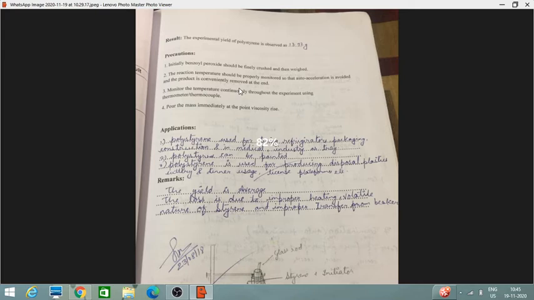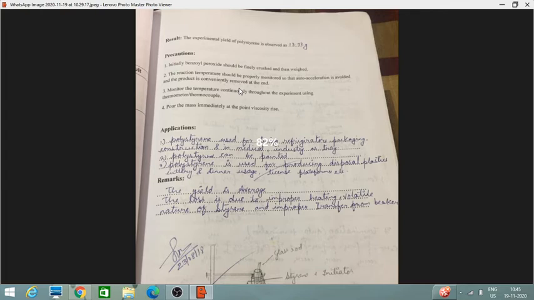Monitor the temperature continuously throughout the experiment using a thermometer. You have to measure the temperature because it is an exothermic reaction, right? And you don't want the temperature to cross a very high level. Pour the mass immediately at the point of viscosity rise. You have to keep on checking the viscosity with the glass rod, okay?